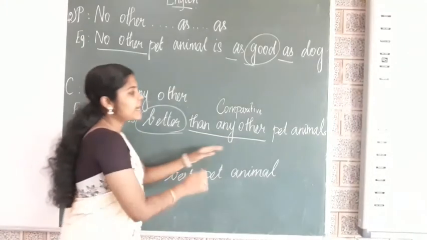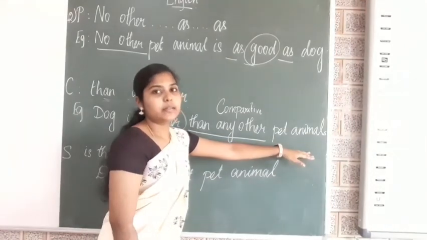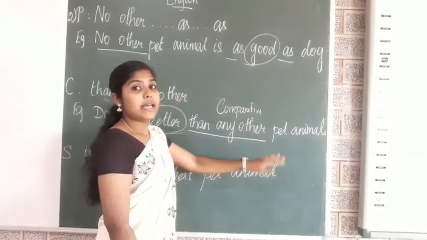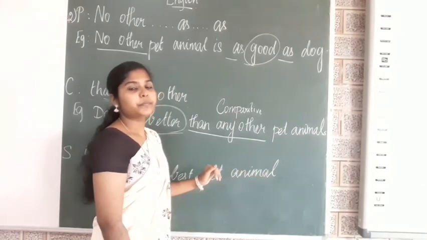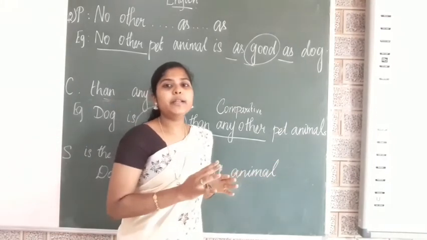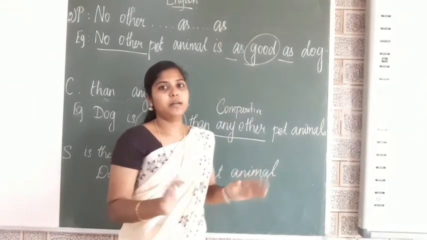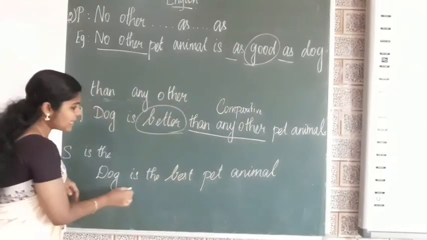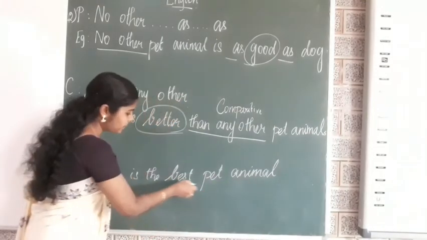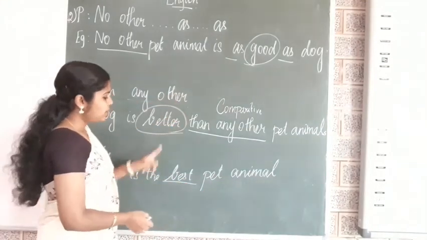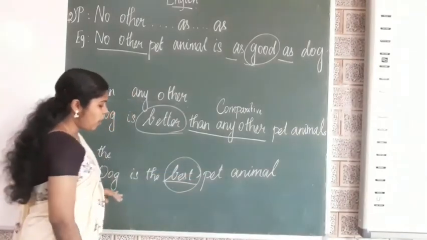Dog is better than any other pet animals. Then how will it change in the superlative form? In the superlative form, we are coming to a conclusion that dog is the best. Okay. So, dog is the best pet animal.